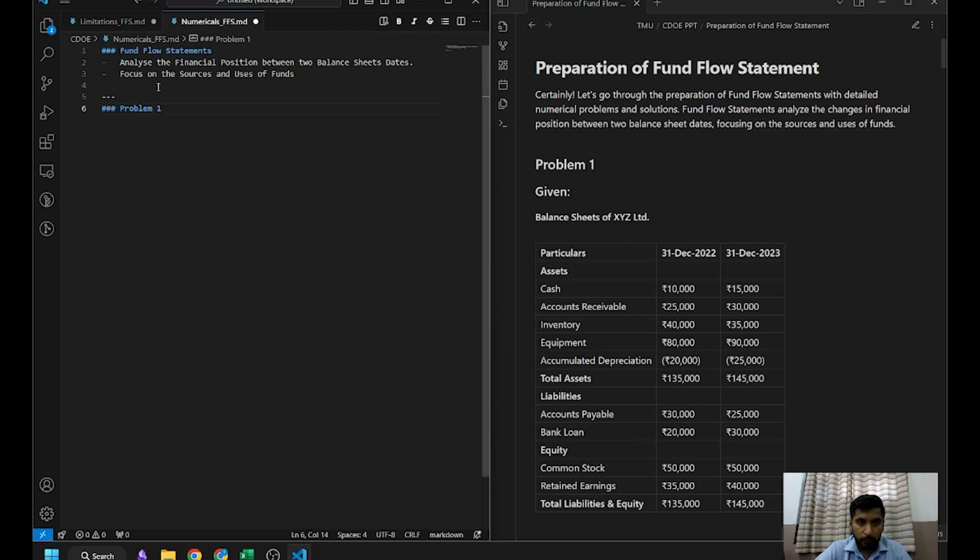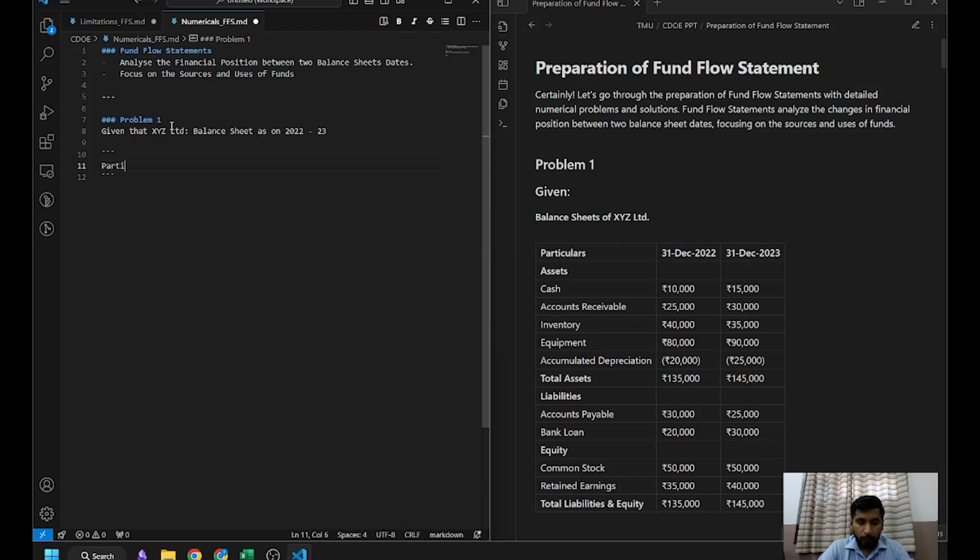So we have one problem, our very first problem, that is we are given a balance sheet of XYZ Limited, balance sheet as on 2022 and 23.